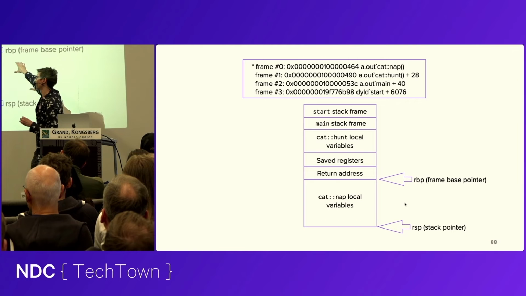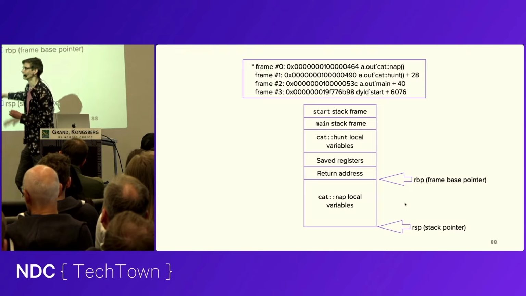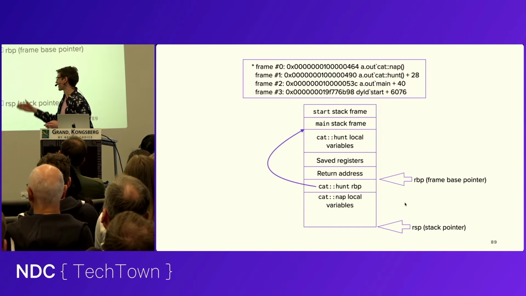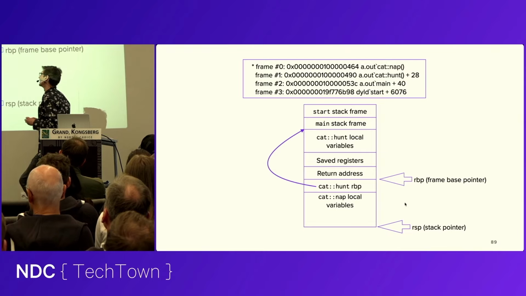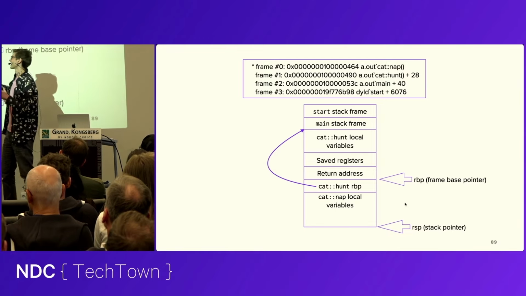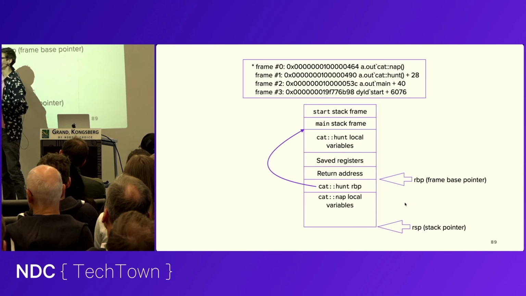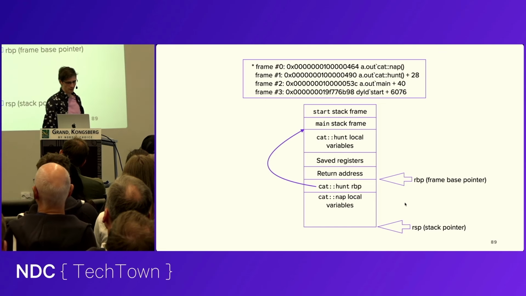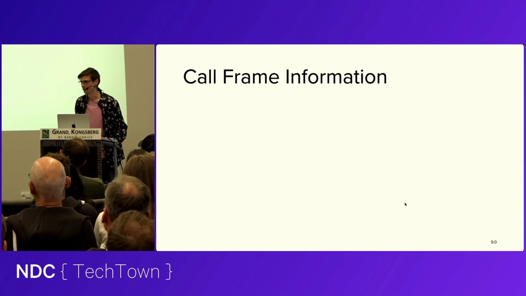It may keep track of the frame base, it might not. If it does, it will probably stick it on the stack, and you can walk up the stack that way, but it's still difficult to work out which registers these are and how we restore them.